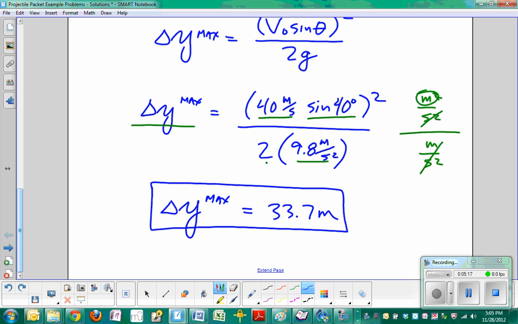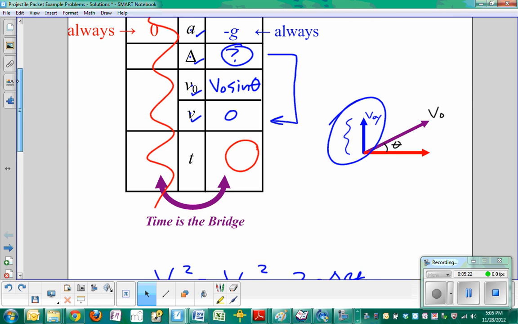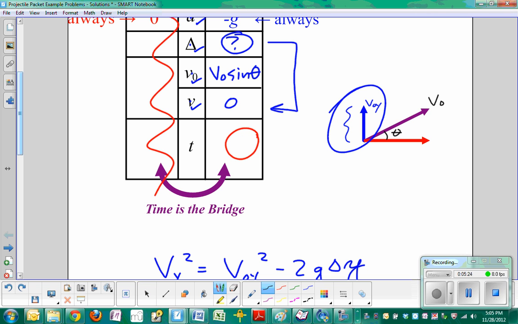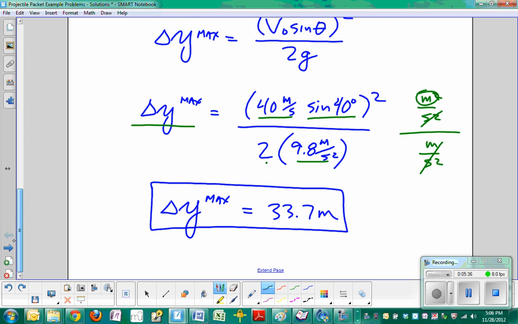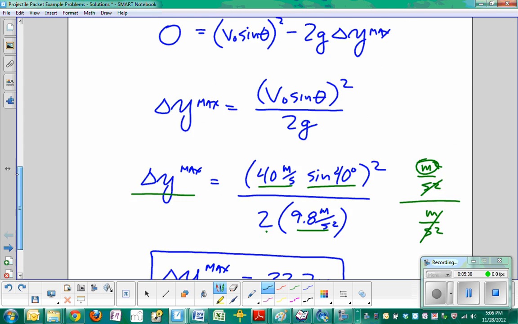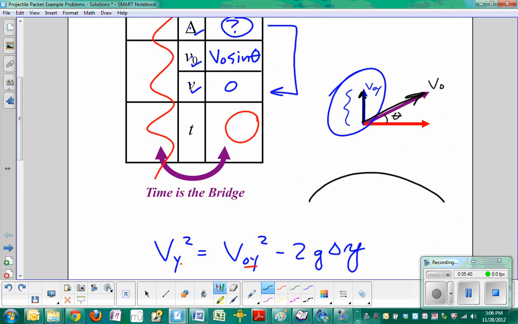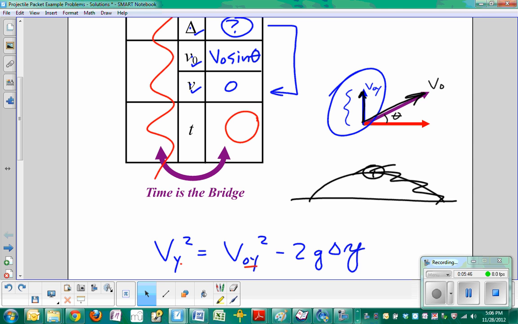So this says that if we fire a projectile in the air at 40 meters per second, like this, because of its upward velocity, it will go up in the air as it moves forward, a total height of 33.7 meters. Then it'll start to descend and come down. We don't know what happens over here; we just know where that will happen. All right, so that's example problem number 1.